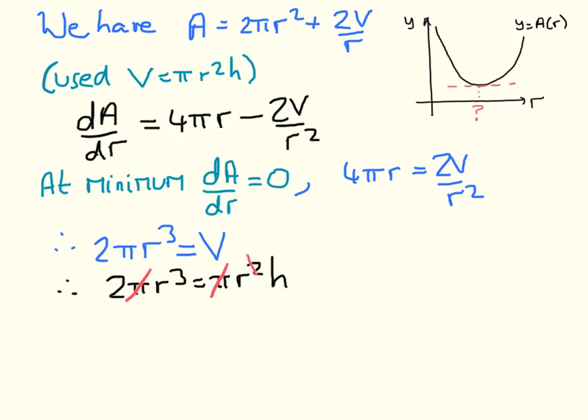So divide by r squared here, and if I take r cubed and I divide it by r squared, I'm going to get r to the power of 1. So this equation becomes 2r is equal to h.